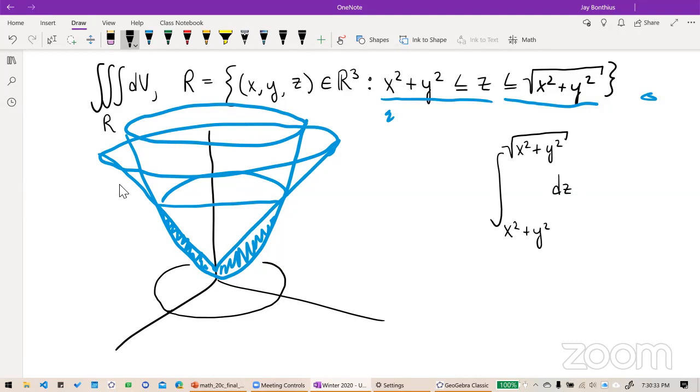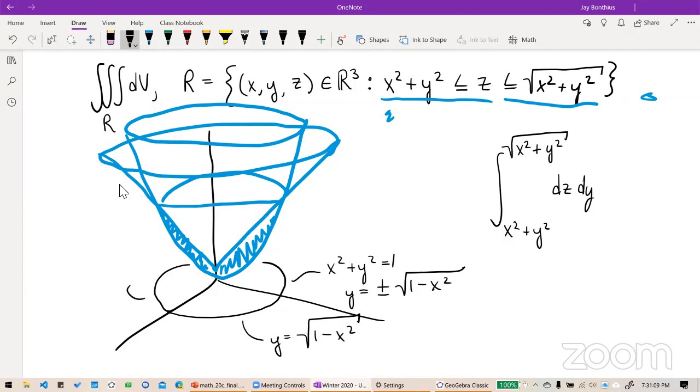Let's do first with respect to y. This equation here is x squared plus y squared equals 1. If you isolate y, you get y equals plus or minus the square root of 1 minus x squared. The positive branch is this part right here, and the negative branch is this part right here.